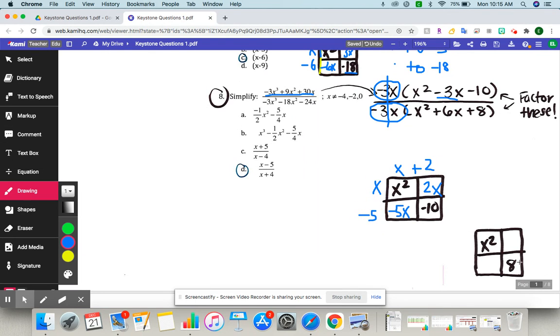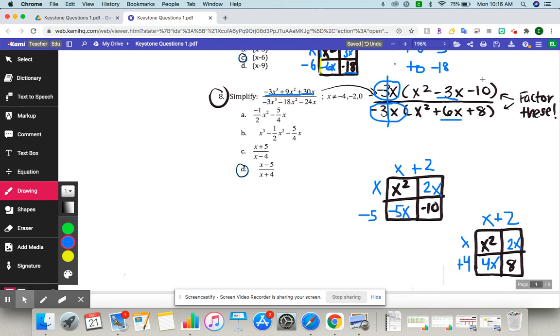And then in the bottom generic rectangle, we have to add to 6x, but multiply to 8. So that would be 4x and 2x. So then once again, we factor each row and each column. That's x plus 2 and x plus 4.